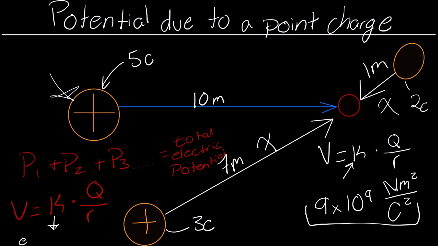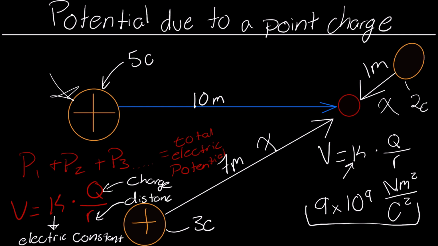This is the electric constant, this right here is the charge, and this right here is the distance. So yeah, a pretty simple topic.